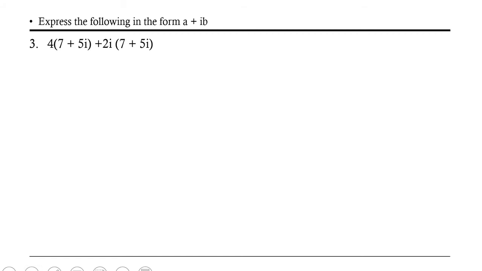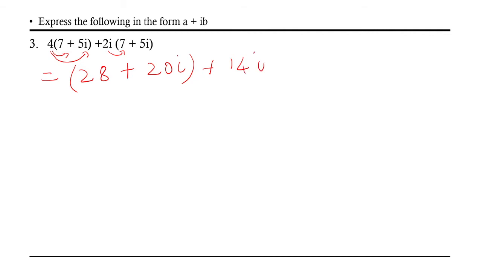Now the next one we have (4 plus 2i) into (7 plus 5i). Here we can simplify directly. 4 into 7 is 28 and 4 into 5i is 20i, plus 2i into 7, 14i, plus 2i into 5i, it is 10i square.